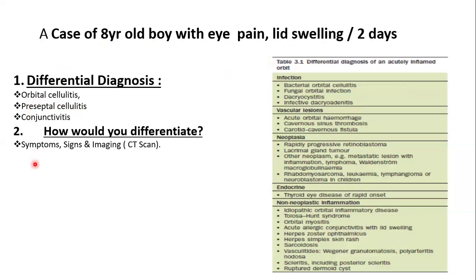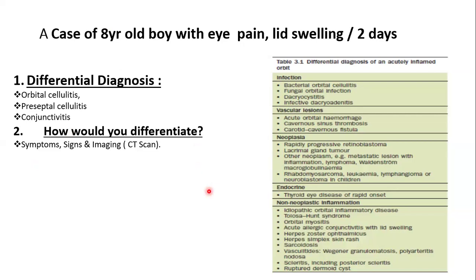I don't know, would you prefer to make it interactive so we can take answers from the audience, from the candidates? Yes, Dr. Amar, you can please ask any candidate, or any candidates can please volunteer. Okay, so anyone would volunteer to answer how to differentiate between orbital and preseptal cellulitis?